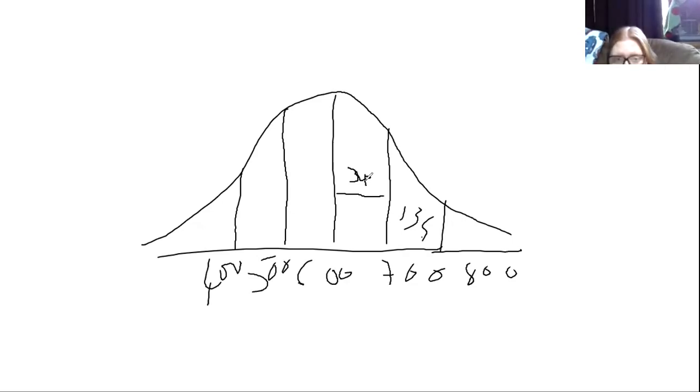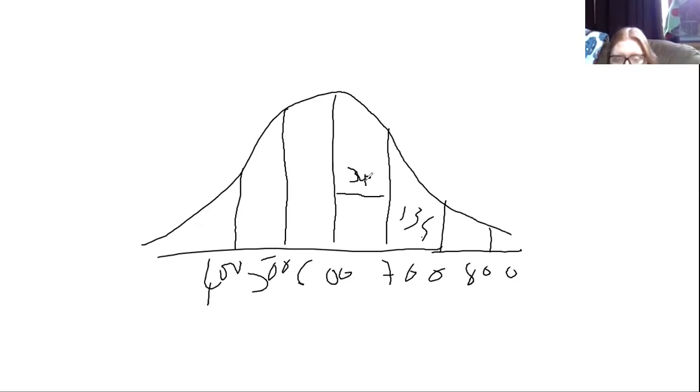So above 800, we are above the second standard deviation, which is 50 minus 47.5. The mistake students always make is to think that everything above the second standard deviation is 2.35. No, above the second standard deviation is 2.5, but between the second and third is 2.35.